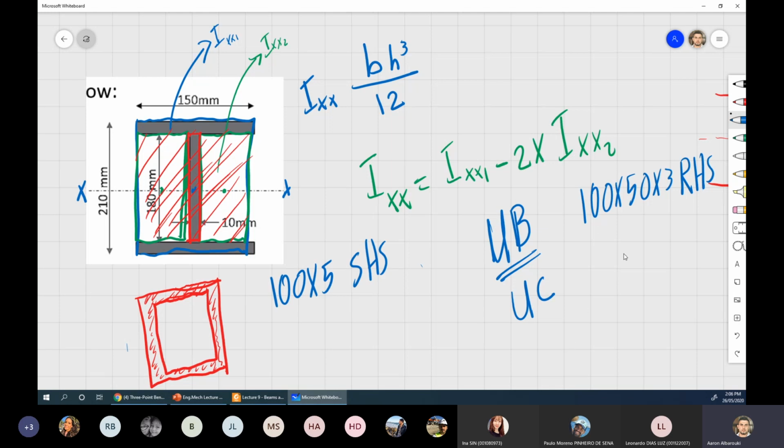Rectangular hollow section. What about if I say 180 PFC? Silence. I'm sure, thanks to Thiago mentioning, I'm sure Nathan did mention those to you guys.